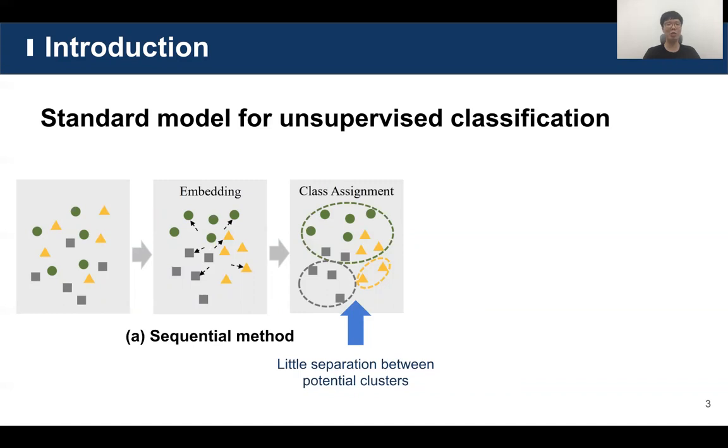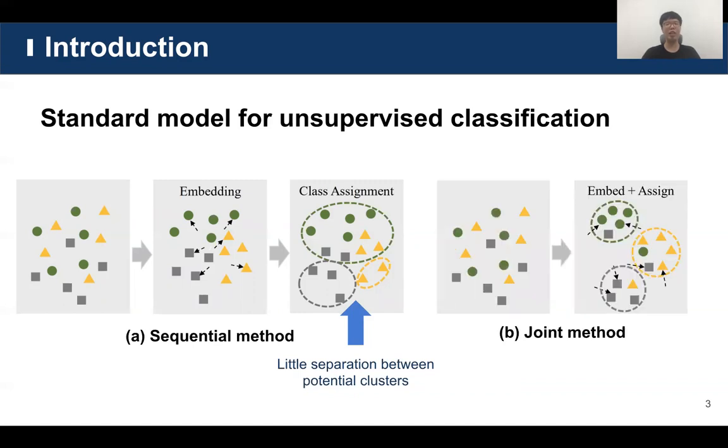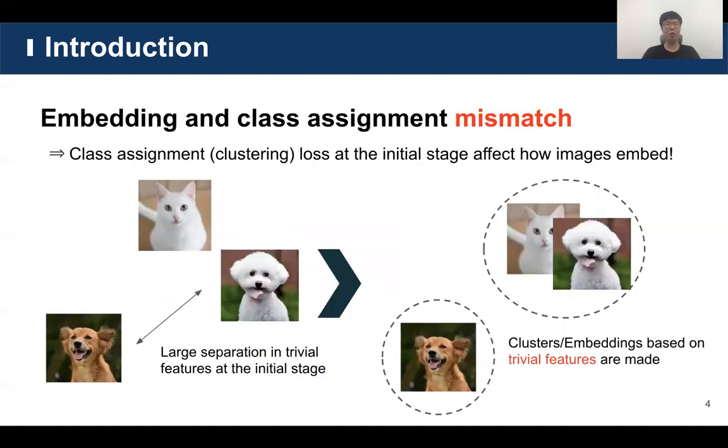The joint method tries to overcome this limitation. It simultaneously achieves embedding and class assignment. Examples of joint methods are DeepCluster or IIC, which show remarkable performance gains over sequential methods. Nevertheless, the joint method also bears a drawback: the goals for embedding and class assignment are inherently different.